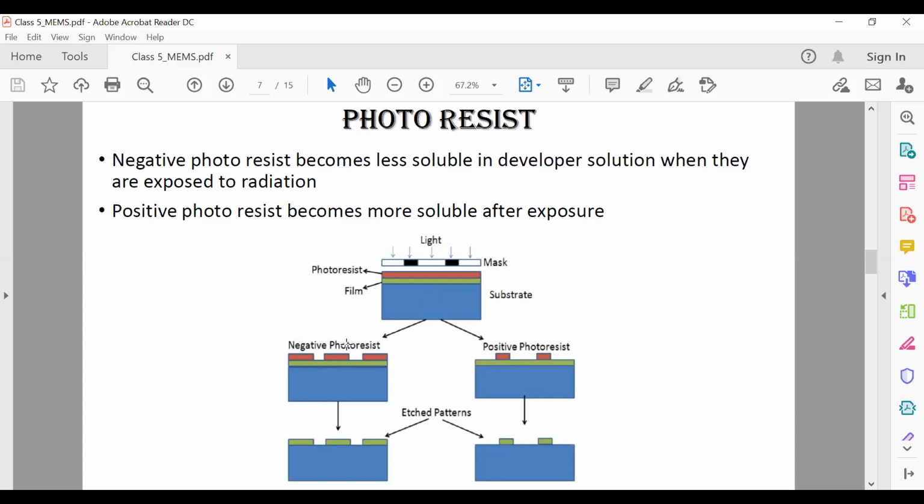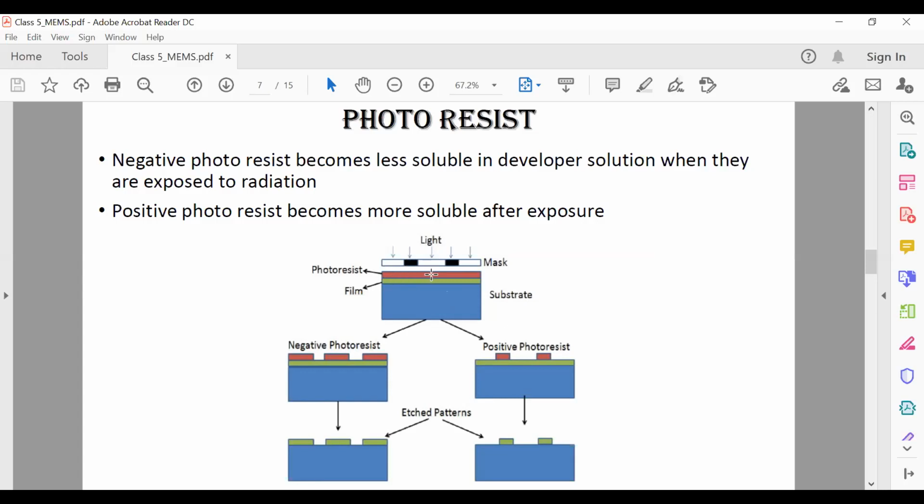This black is called the mask, and when we expose this mask under UV exposure, if it is positive photoresist, then only this position will not be exposed to the light.